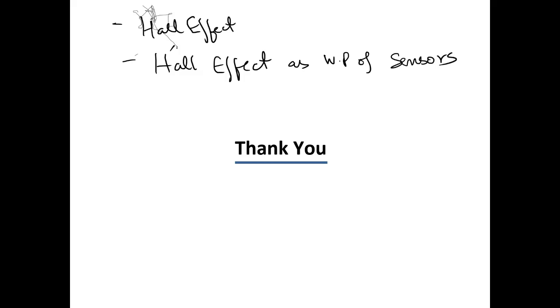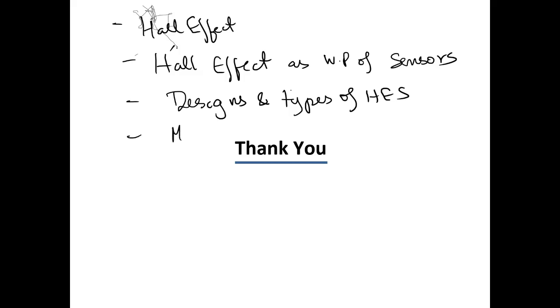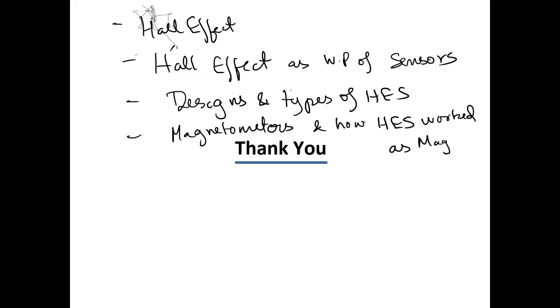We saw different designs and types of Hall effect sensors, or I would like to shorten it to HES. And beyond these, we saw magnetometers, and how Hall effect sensors worked as magnetometers. And we also saw other types of examples of magnetometers.